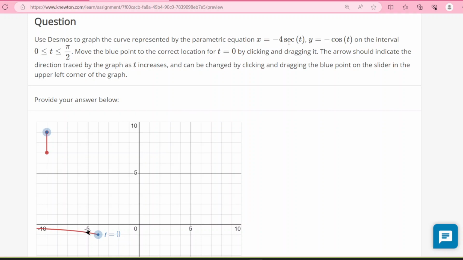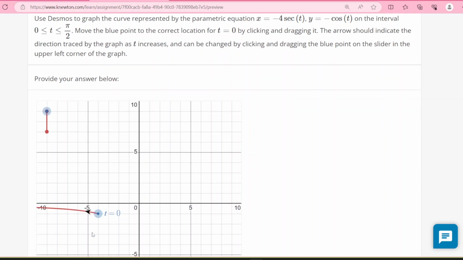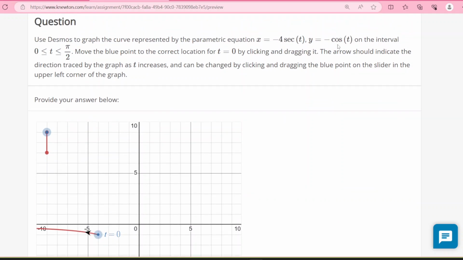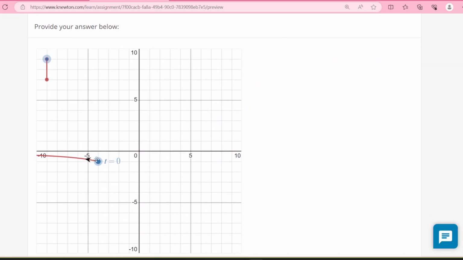So the x coordinate's going to negative infinity, which I'm seeing here. So definitely going that way, the arrow. The x coordinate's going to negative infinity as t approaches pi over 2. And then the y coordinate, as you approach pi over 2 from the left, the cosine is approaching 0, but from the negative side, because you got this minus in front. So you see I'm approaching x coordinate negative infinity, and the y coordinate is approaching 0 from below. So it's definitely this arrow.